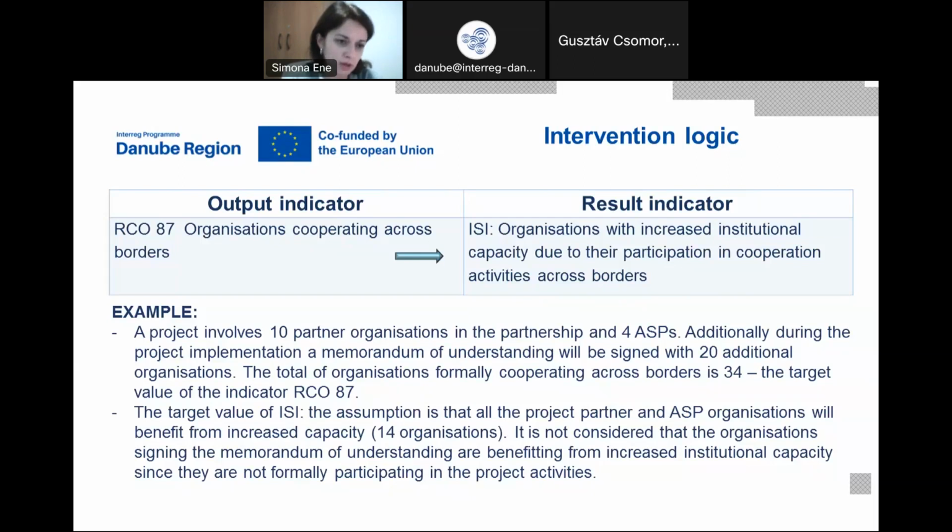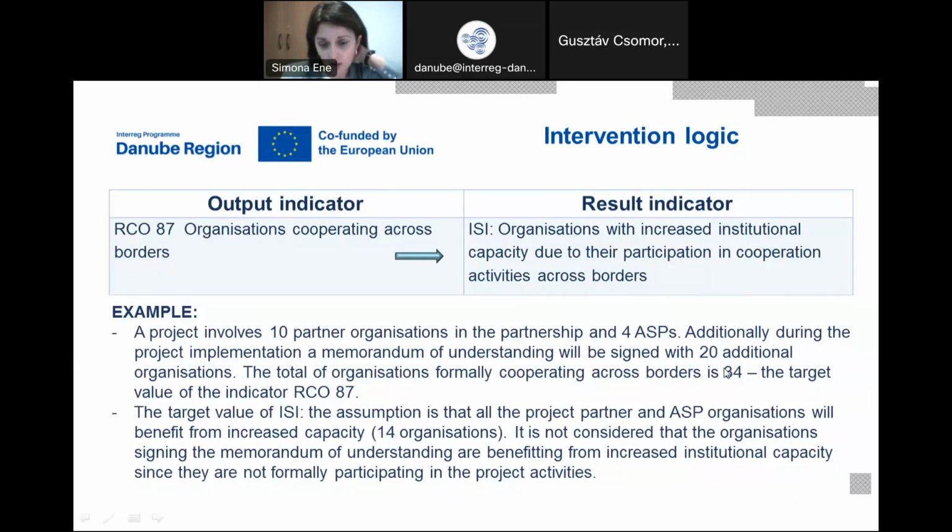So if a memorandum of understanding will be signed with 20 additional organizations, so different than the ones involved in the partnership, then formally the number of organizations formally cooperating will be the sum of partners plus ASPs plus the institutions signing the memorandum of understanding. Therefore, the amount will be 34, as it is explained here.